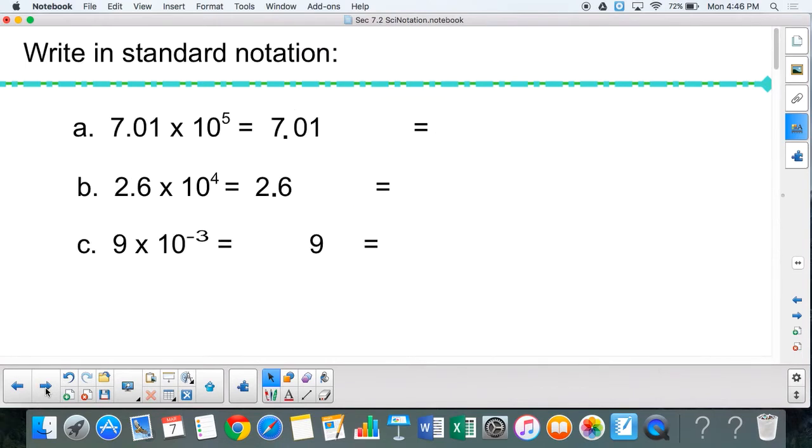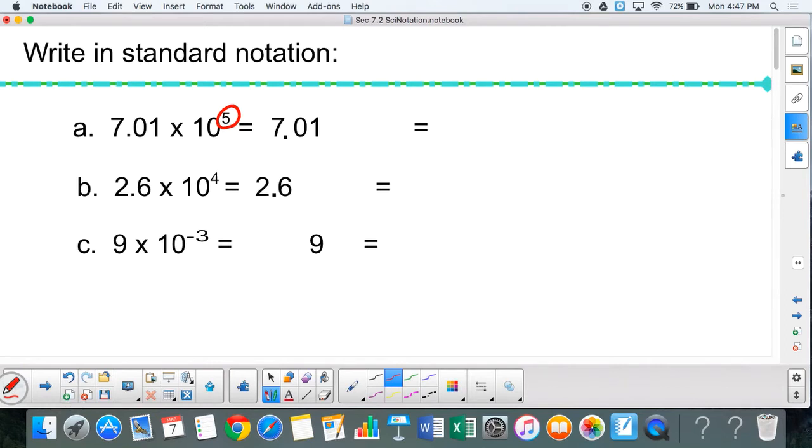So let's look at a couple examples. Now the opposite of scientific notation is standard notation. That's the big long number with all the zeros in it. Again, we look at this exponent here to tell us how many places we move the decimal. Every time we times something by 10, it moves the decimal over one space.